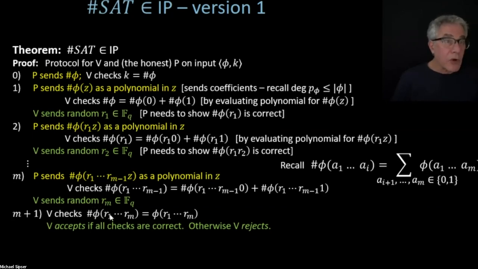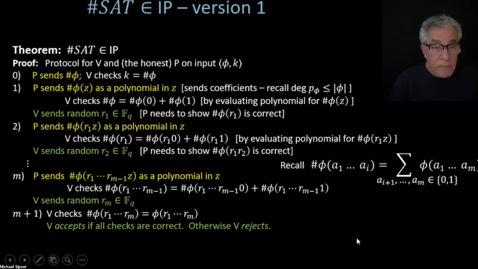If the polynomial that the prover sent in the m stage is the wrong polynomial, then when you evaluate it, you're going to get the wrong value, probably. And so that wrong value is not going to match the correct value, which you can read off yourself by reading the formula. Okay, I think we need to move on to the next slide.